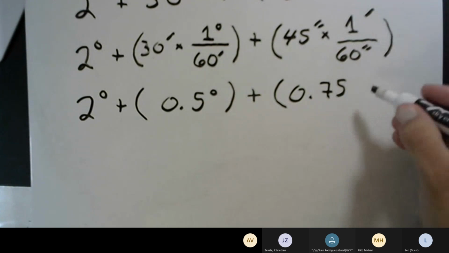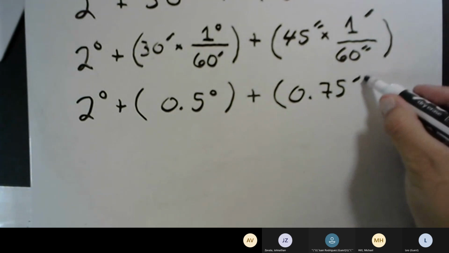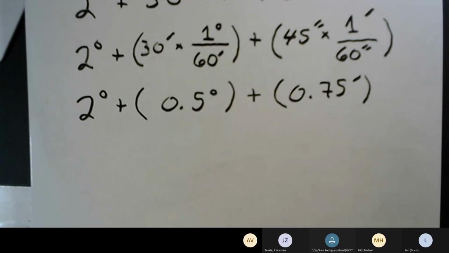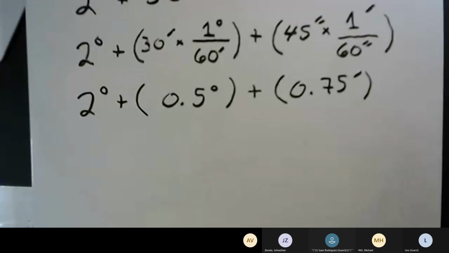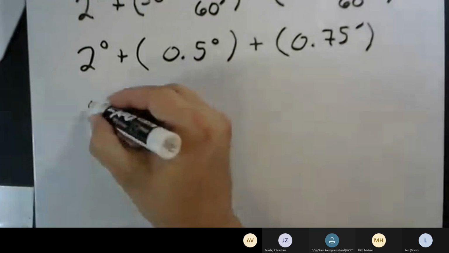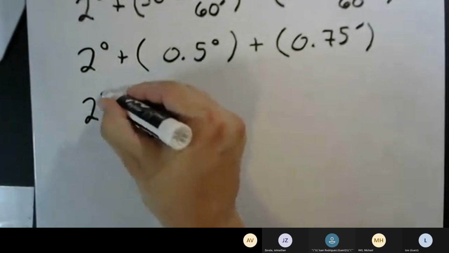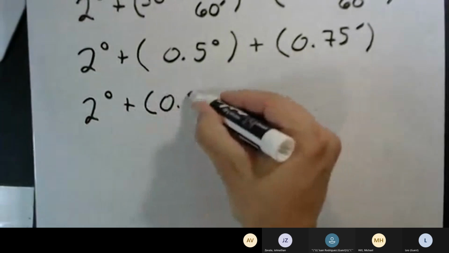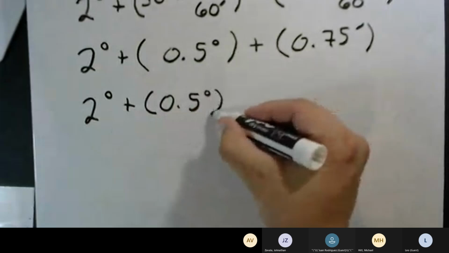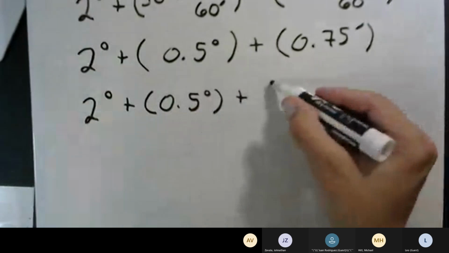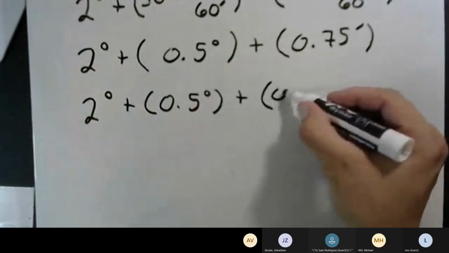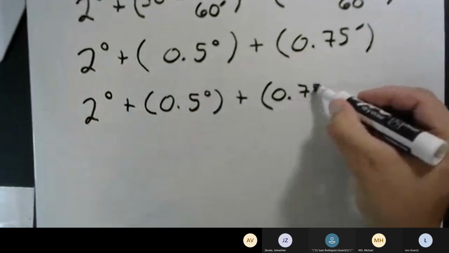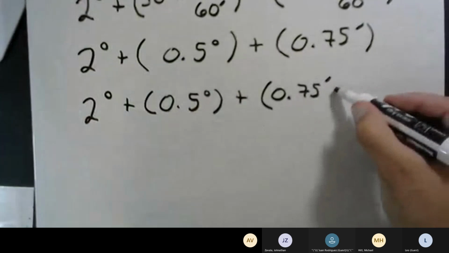Seconds cancel out, but we're going to be left with minutes. We still have minutes. So this will be 2 degrees plus 0.5 degrees plus, and now we need to convert minutes to degrees.